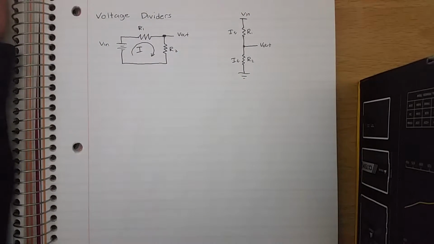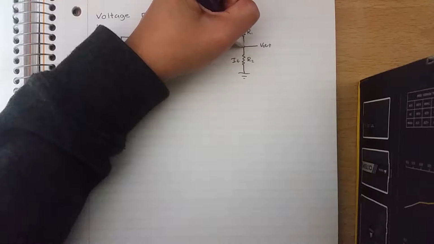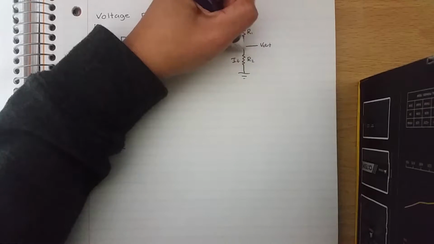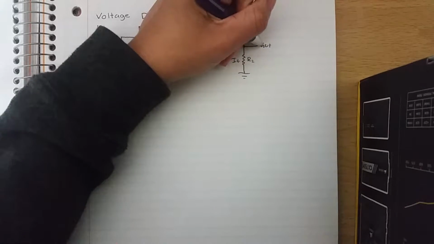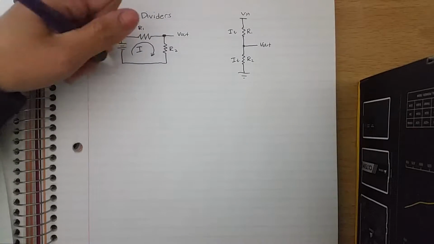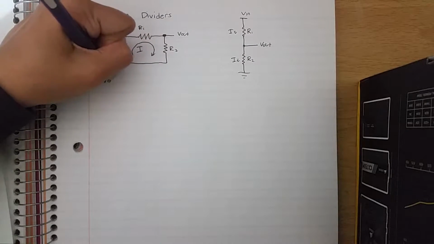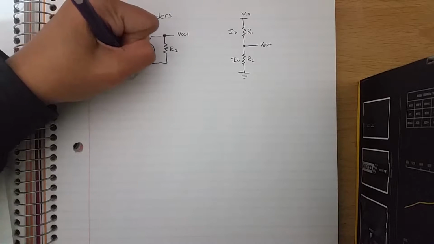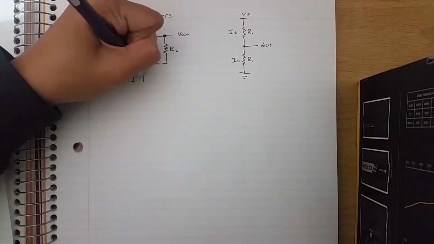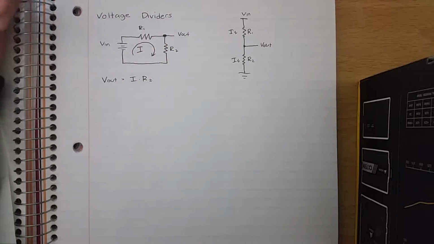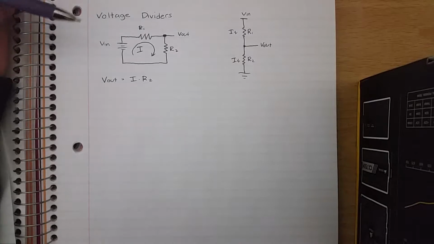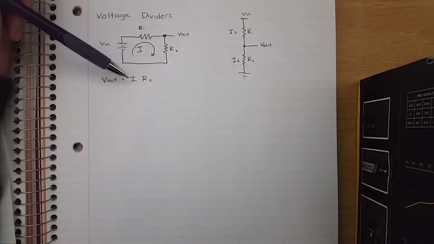That really helps us, because now we know that the voltage drop here is equivalent to V out. So according to Ohm's law, V out equals I times R2. Now you might be thinking, oh no, Jirachi, you gave me another variable to solve for?